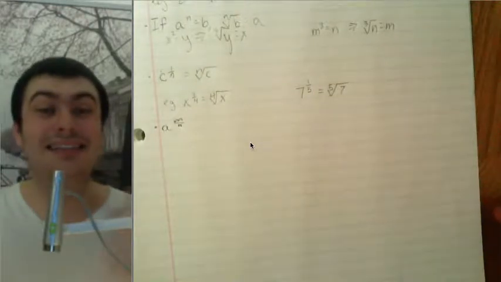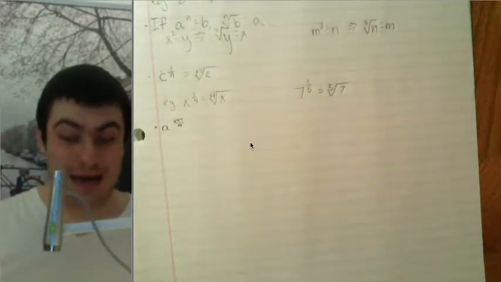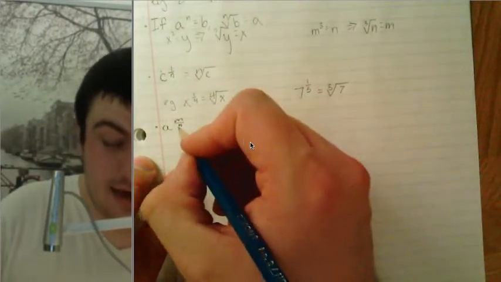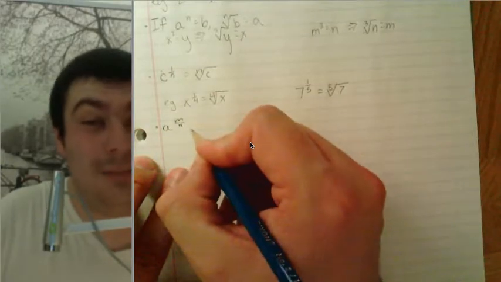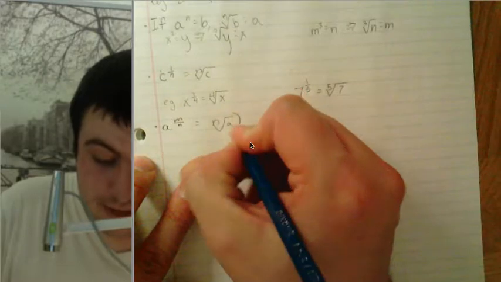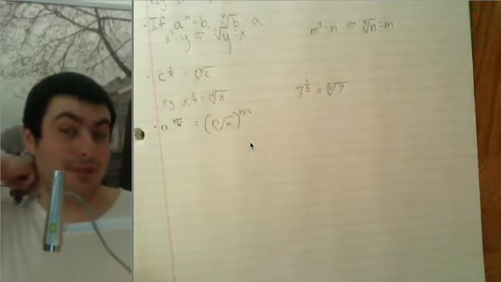Now if we have a to the m over n power, a to the m nths power, what's going to happen here is we're going to treat this denominator of n as still being the nth root of a, but since we have a numerator of m, it's all going to be to the mth power.